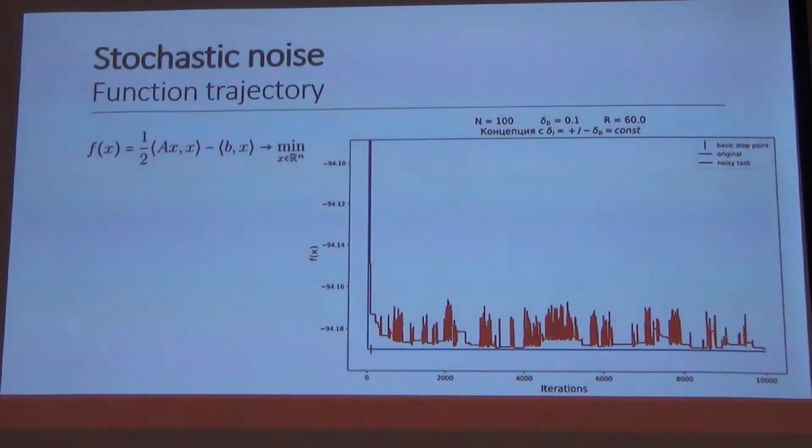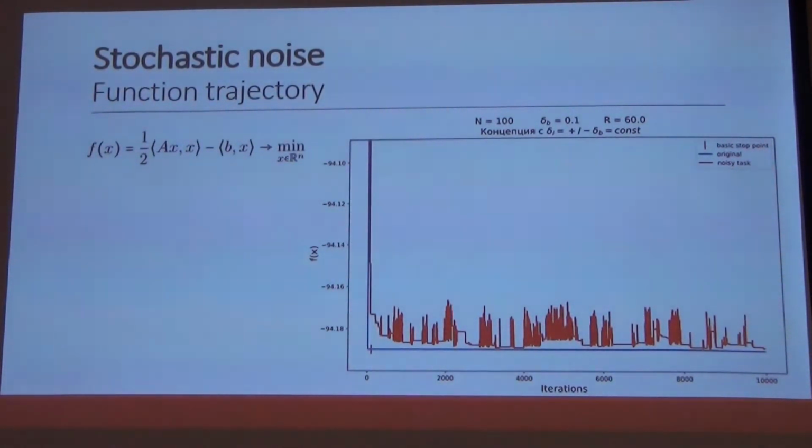But we should understand how exactly I built this red line. I just save the points x on each step while trying to solve the noisy task, and finally I use this x to calculate the value of the exact function.